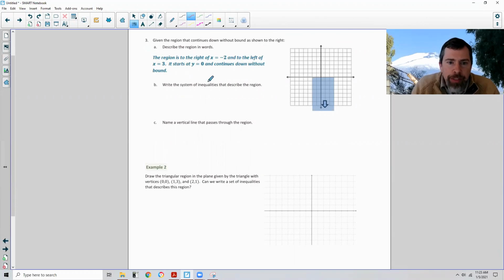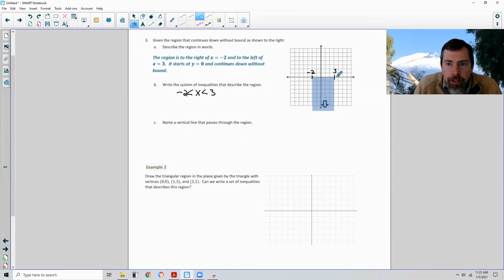B says to write the system of inequalities that describes the region. So talking about x, this x value here is -2, and this value here is 3. There are no boundaries, there's no lines. So it's an inequality where x is between -2 and 3.